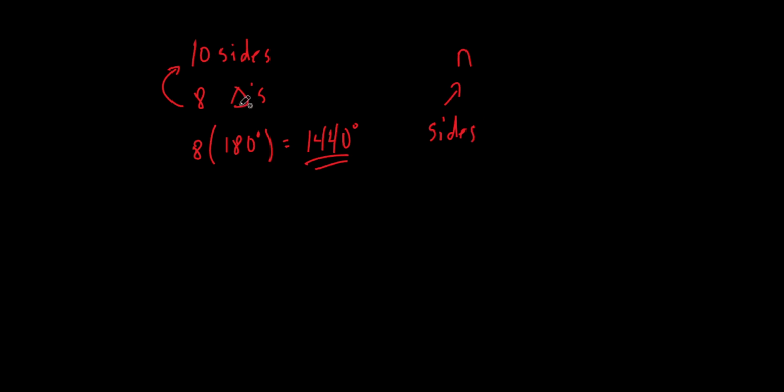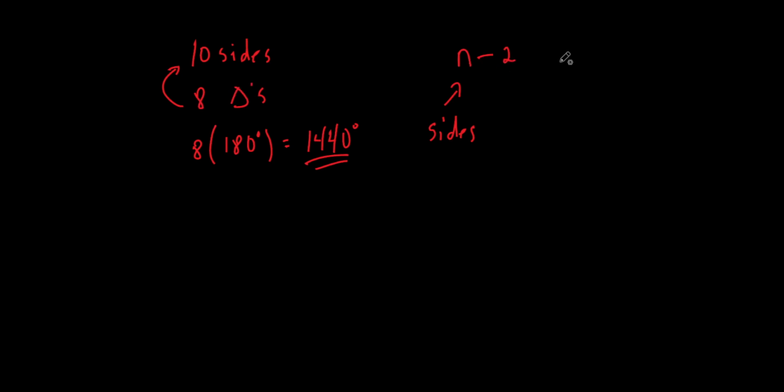So what did we do to find how many triangles? I took the number of sides, and I subtracted 2 to get the 8, right? So it's going to be n minus 2. So that's how many triangles.